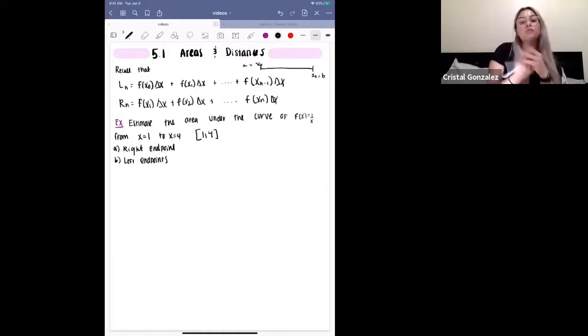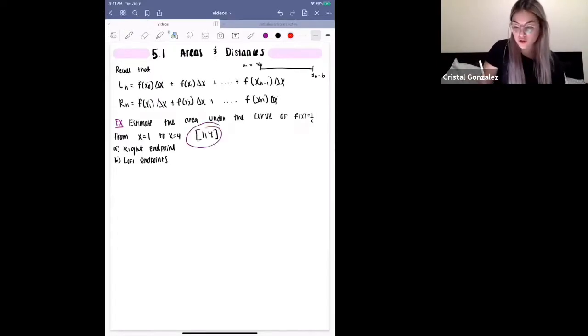Okay, so the first thing that you want to do is find the width of each of your rectangles, because those aren't going to change at all. But before we do that, in the last video, I drew the graph so I can show you what it means to take a right and a left endpoint. For this function here, you don't necessarily always have to draw the graph.